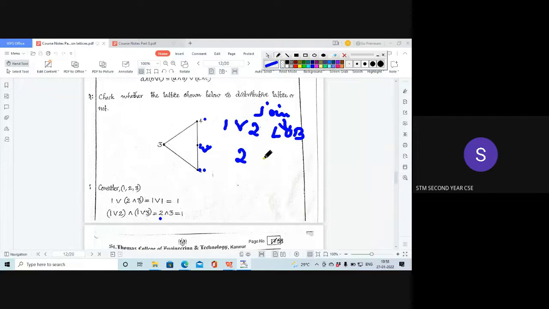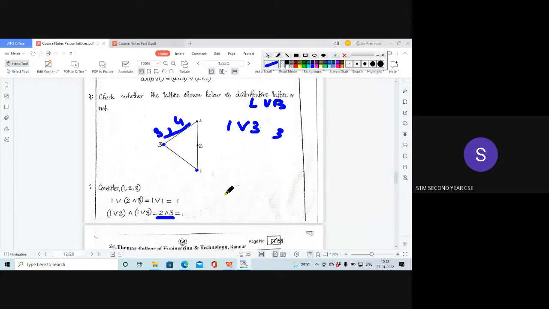Next is 1 or 3. What is 1 or 3? It means the least upper bound of 1 and 3. The upper bounds of 1 and 3 are 3 and 4. The least upper bound is 3, isn't it? So it evaluates to 2 and 3. And what is 2 meet 3?